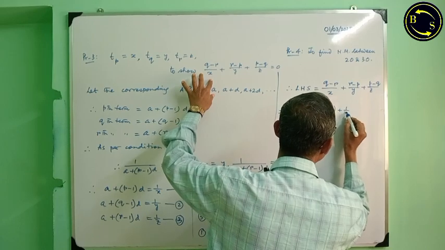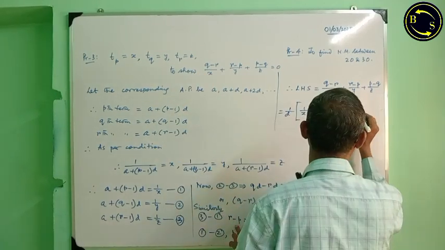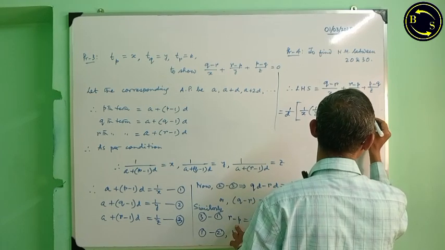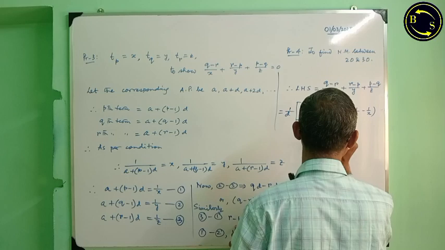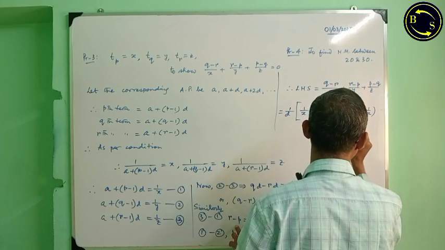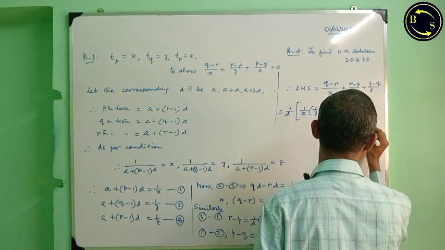plus 1 by y into 1 by z minus 1 by x plus 1 by z, 1 by x minus 1 by y.